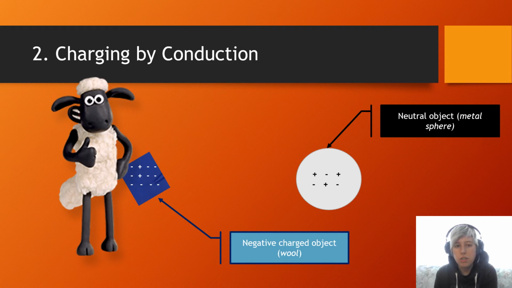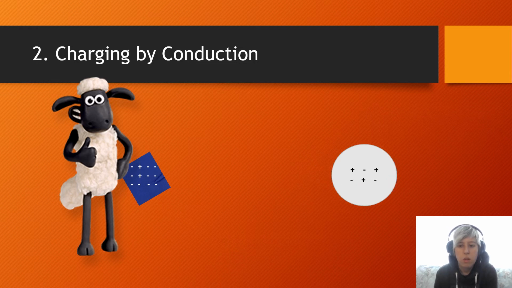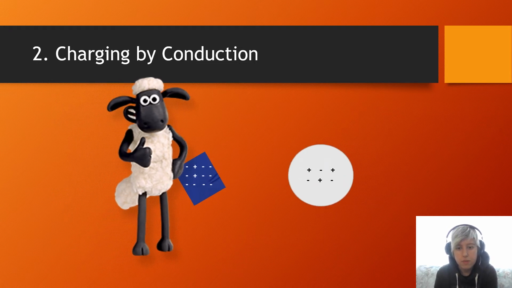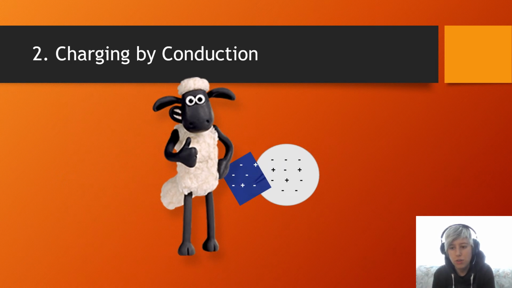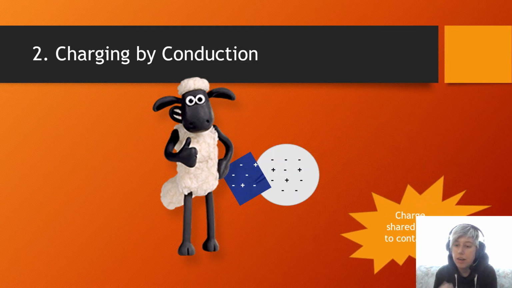When we are charging by conduction, the charged item touches the neutral item. And what happens is that I have a shared charge due to this contact. My neutral item gained electrons, and my charged item lost electrons.